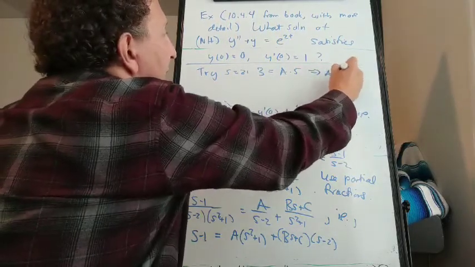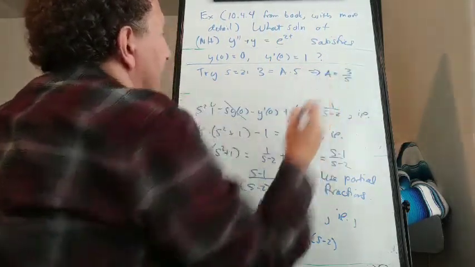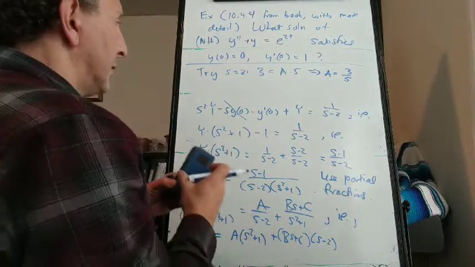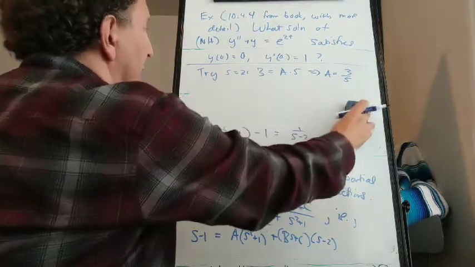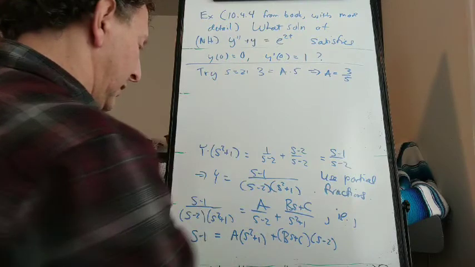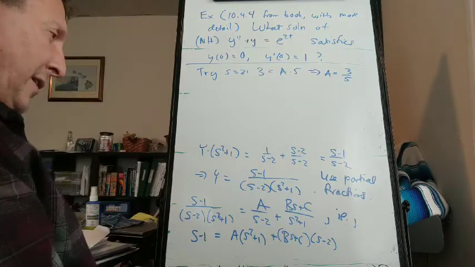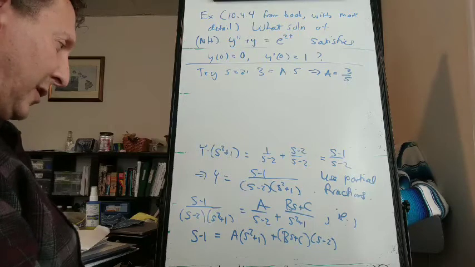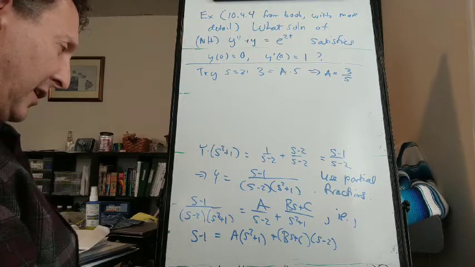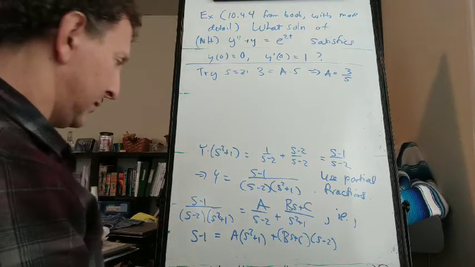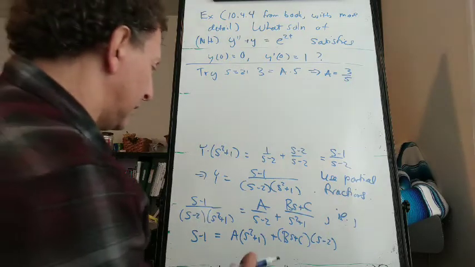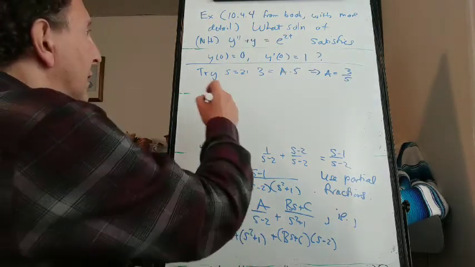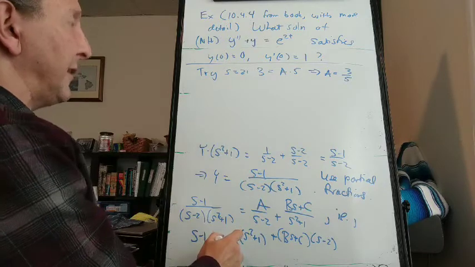So a, I guess, equals 3/5. I think that's the only good thing to plug in. Now we're going to have to compare coefficients of s squared, s, and the constant on both sides.